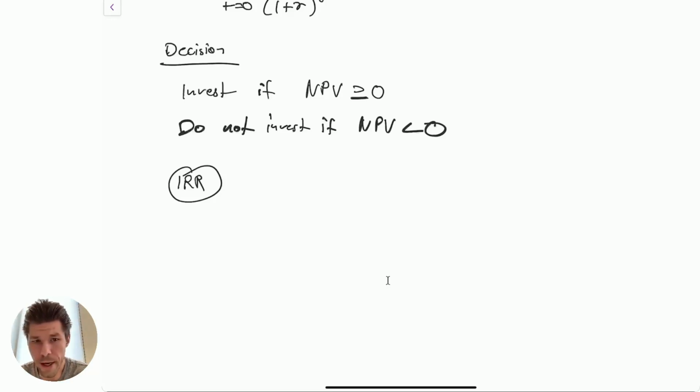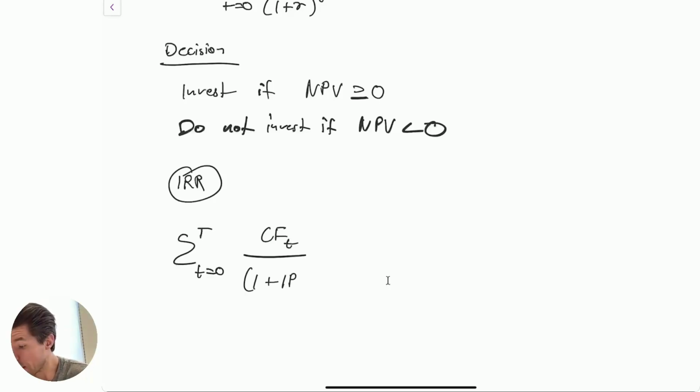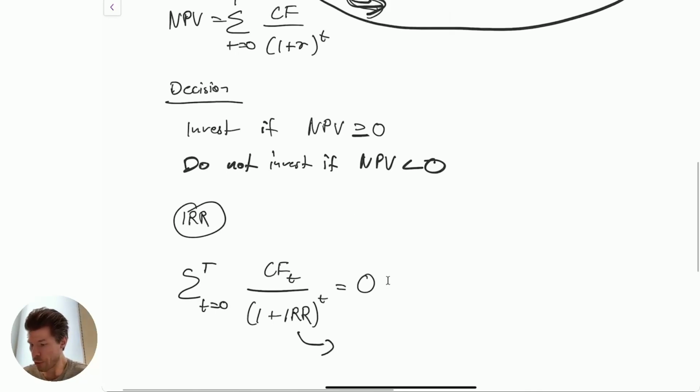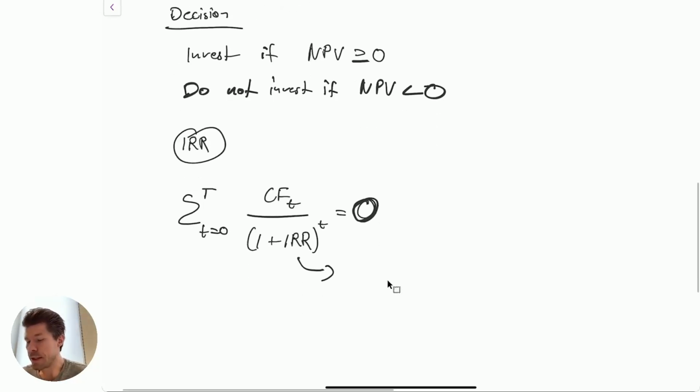The formula for IRR is the sum from T equals 0 of CF over 1 plus IRR to the power of T, equals 0. It's similar. We are not using our hurdle rate, our discount rate. We are using our internal rate of return, which would make our NPV 0.